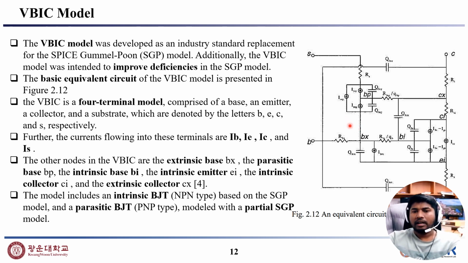And the currents flowing into these terminals are IB, IE, IC, and IS. The other nodes of the VBIC are the extrinsic base, parasitic base, intrinsic emitter, intrinsic collector, and extrinsic collector. The model includes an intrinsic BJT, that means an NPN transistor, and a parasitic BJT, that is a PNP type model with a partial SGP model.